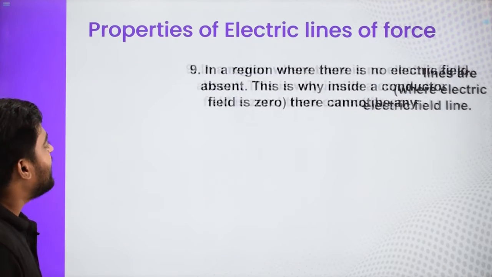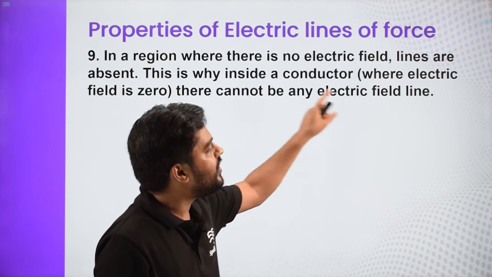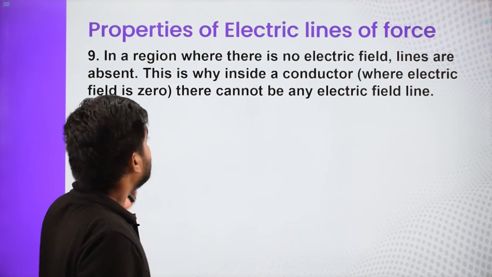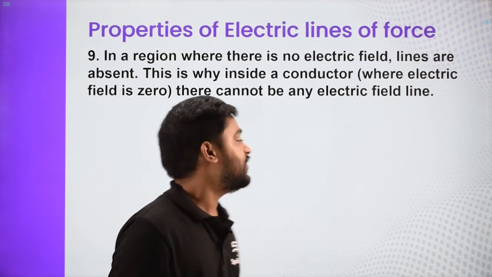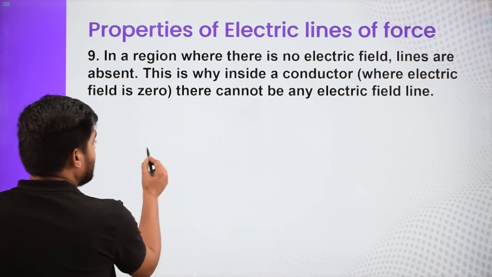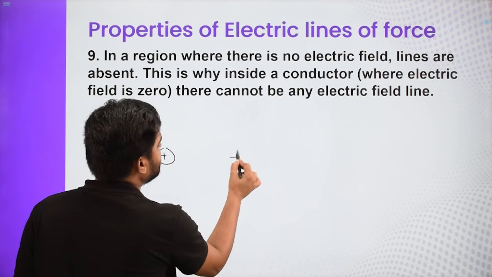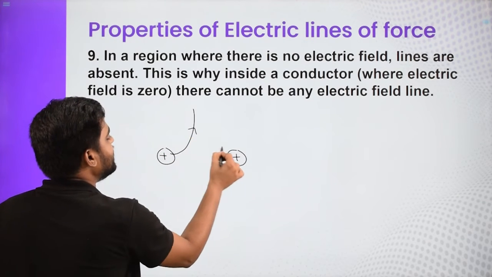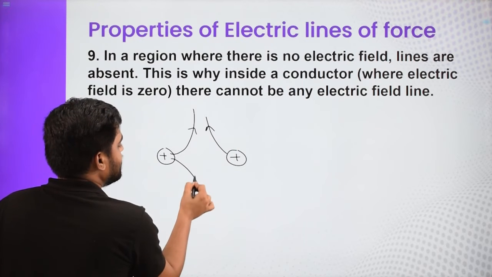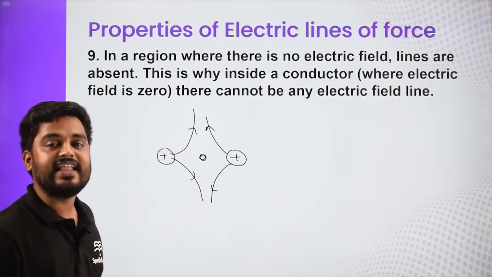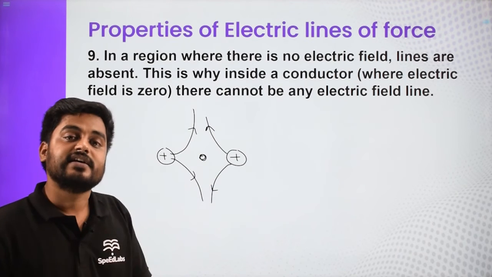Next, in a region where there are no electric field lines, or we can say field lines are absent, the field will be zero. For example, we have seen this is a positive charge and this was a positive charge, so field lines were going like this. There was no field line in this region, meaning the electric field at this particular point is zero.